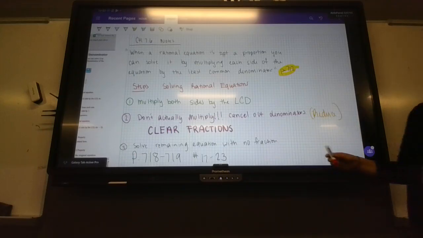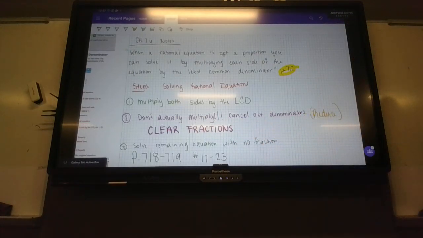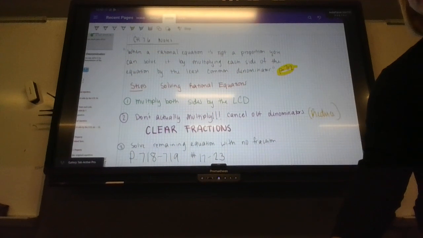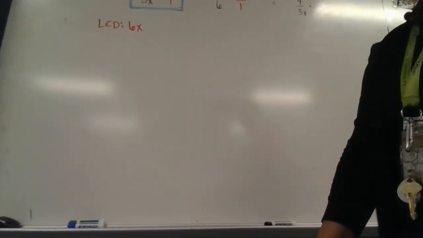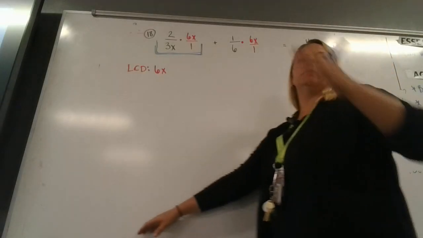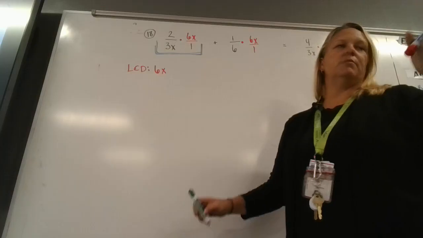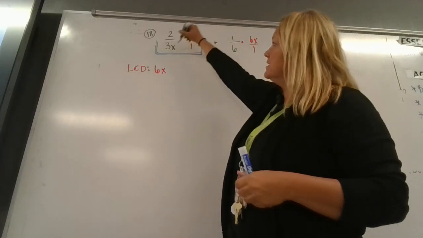Step 2 is don't actually multiply. We're actually going to reduce instead of multiplying. So I'm going to focus all my efforts on one fraction at a time, and I'm going to look up and down and diagonal. If you remember, when we reduced, anything can reduce up and down or diagonal. So I look diagonally and I see these x's.